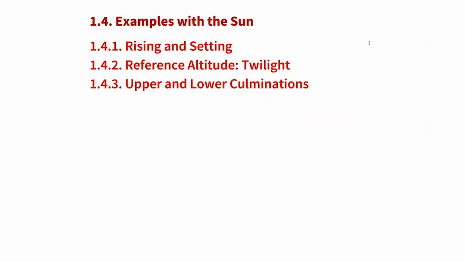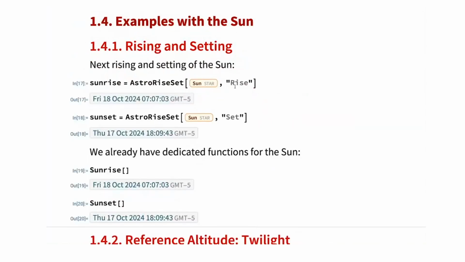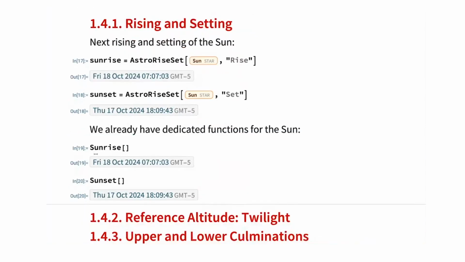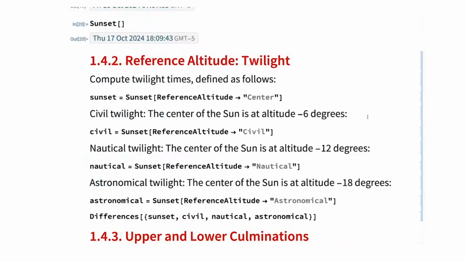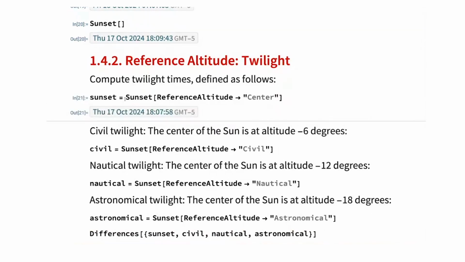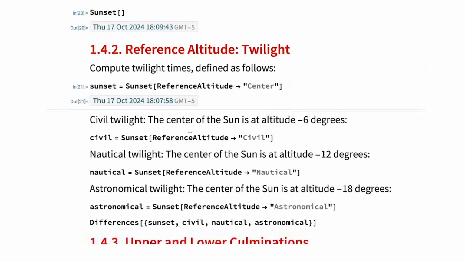Now let's do a few examples with the sun. That's the next instance of rise for the sun and the next instance of set for the sun. We always had these two functions, which of course return now the very same instant. With the sun, we want to consider what are called the moments of twilight, and we have 3 of them as standard. So this is the sunset, considering the center of the sun rather than the upper limb.